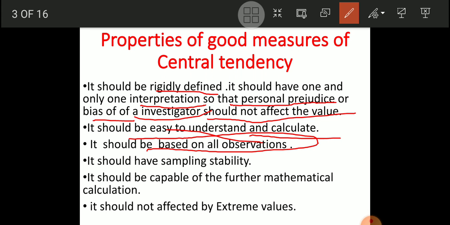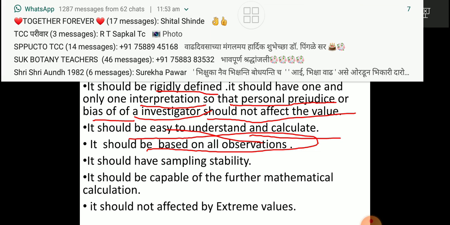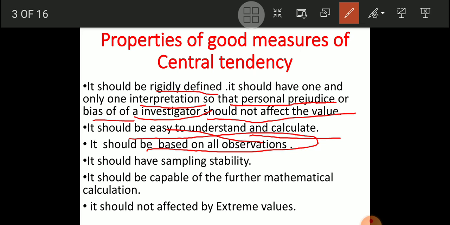Most of the measures never take into consideration all the observations, all the items of the set of data. Again, it should have sampling stability. If the sample changes, the measure of central tendency changes.